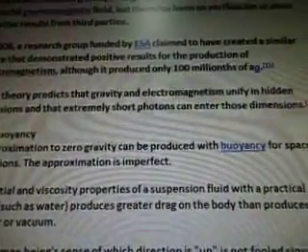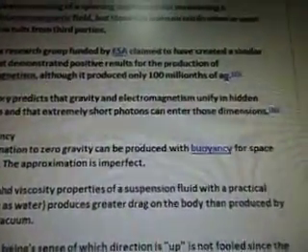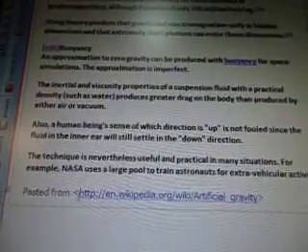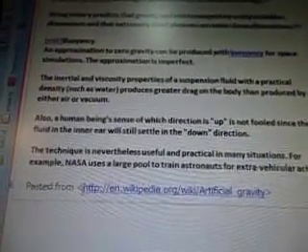And string theory predicts that gravity and electromagnetism unify in hidden dimensions and that extremely short photons can enter those dimensions. Buoyancy, an approximation to zero gravity, can be produced with buoyancy for space simulations. The inertial and viscosity properties of a suspension fluid with a practical density, such as water, produce greater drag on the body than that produced by either air or vacuum.